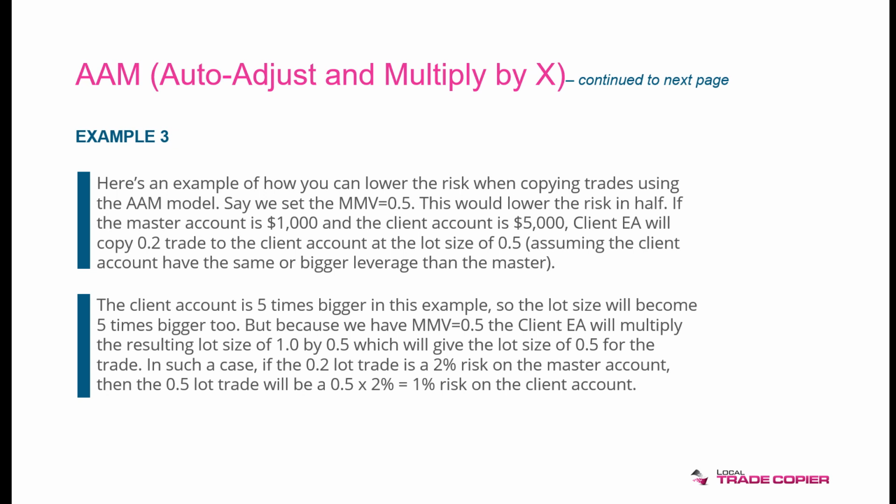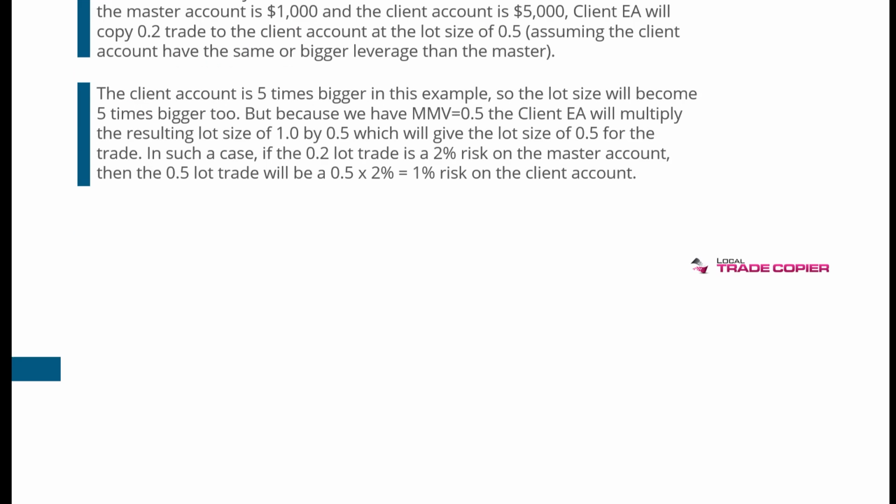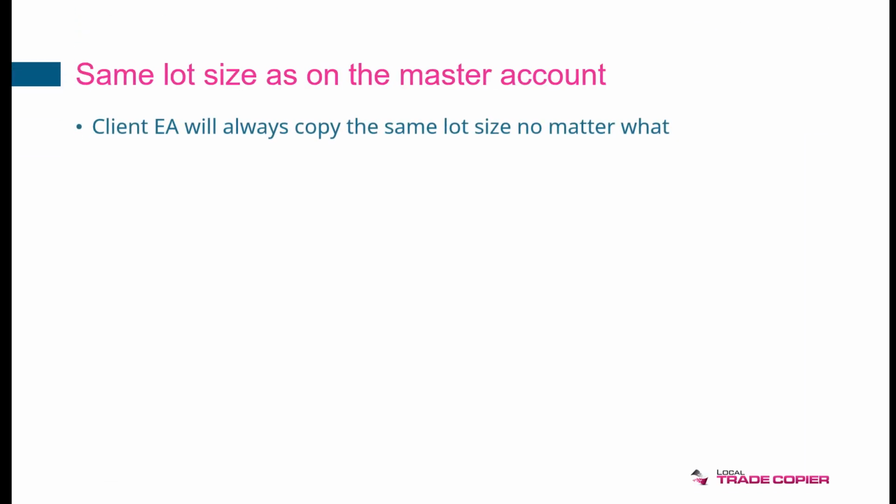So in such a case, if the 0.2 lot trade on the master is a 2% risk, as an example, then the 0.5 lot trade on the client account will be 1% risk because it cuts it in half. Okay, so let's continue.